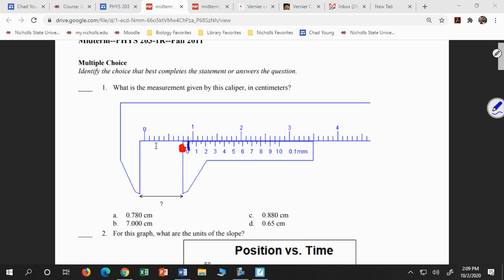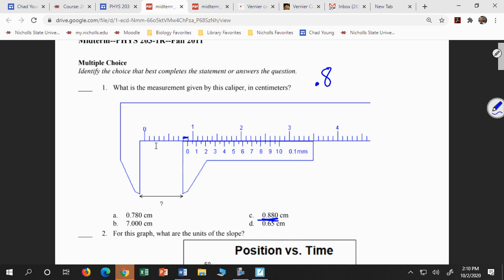And notice that that lines up just before, sorry, I'm getting rid of the line. Okay, so that lines up just before the 0.9. So it's somewhere between 0.8 and 0.9. So that's going to be my first decimal point, is 0.8. At that point, for this multiple choice, yours isn't going to be multiple choice, but I could say that the answer is going to be right there.